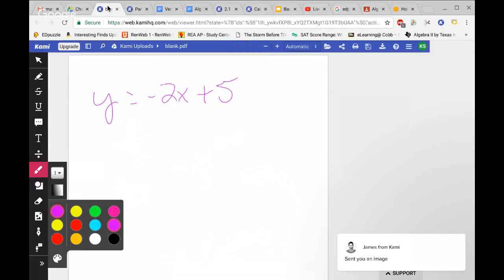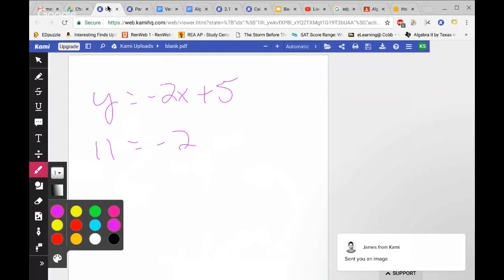And then to solve it, you would find the input when the output is 11. Here we go.